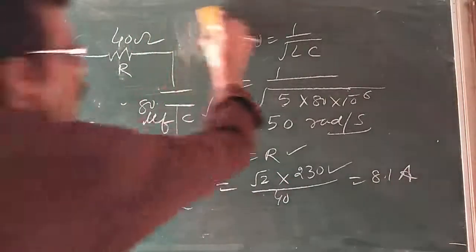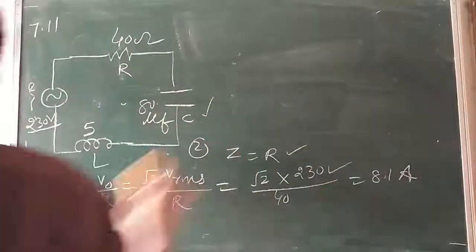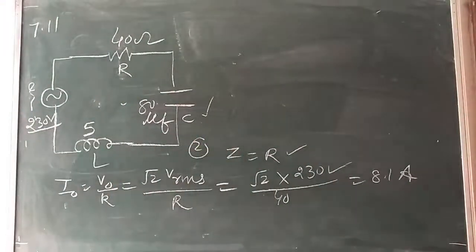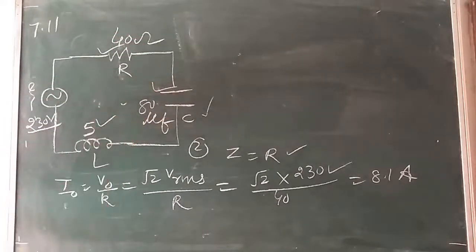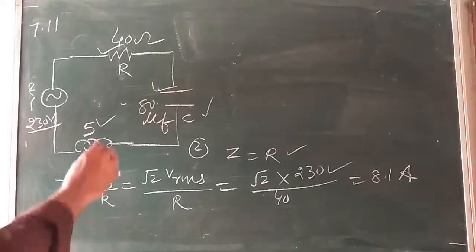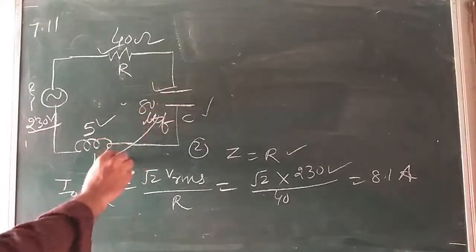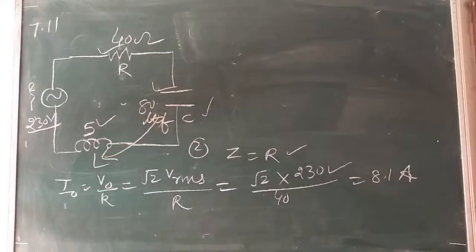Then what is the third part? See, determine the RMS potential drop across the three elements of the circuit, here, here and here. Show that the potential drop across the LC combination is zero at the resonating frequency. So what we have to do?